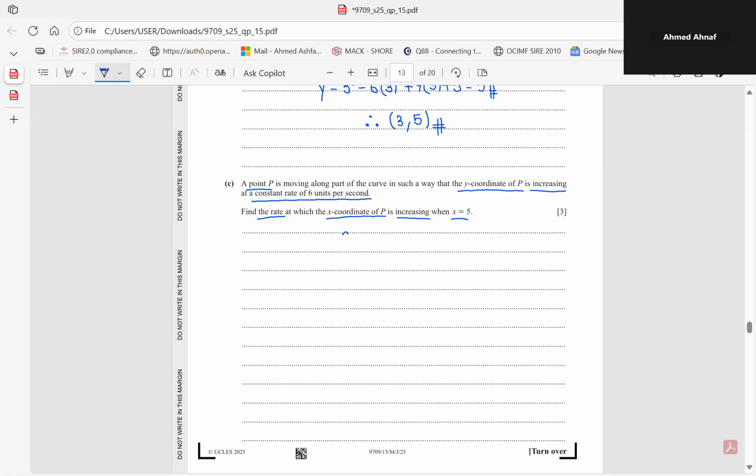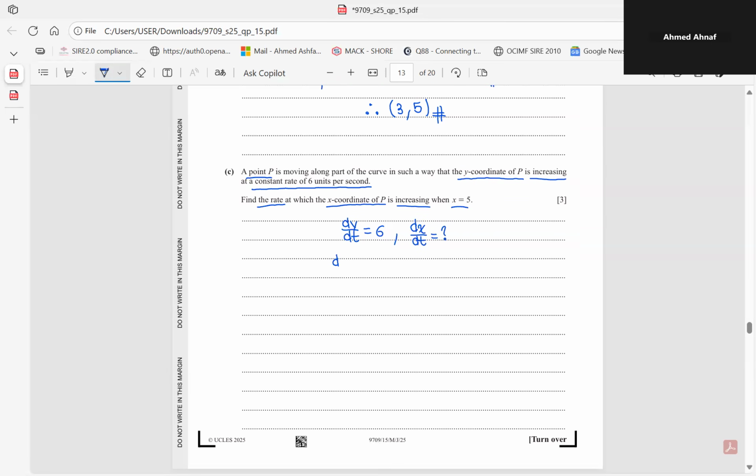We can write this as dy/dt, which is basically the rate of change of y with respect to time. We equate this to 6 since it's increasing, so the value will be positive. If it's decreasing, it will be negative. And we have to find the rate at which the x-coordinate of P is increasing. So basically, we have to find dx/dt.